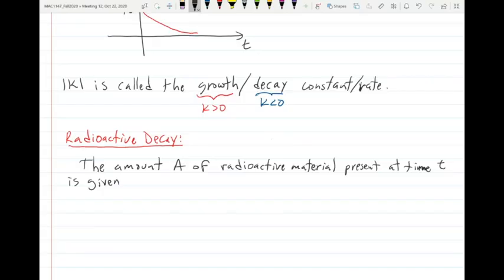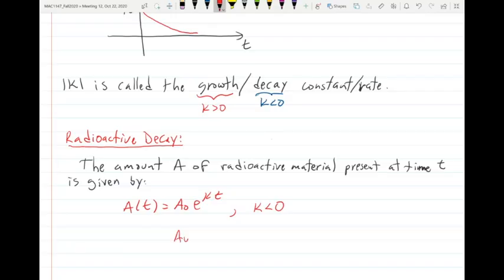Okay. All right. So the amount A of radioactive material present at time t is given by the following formula. So it would be A of t equals A0 times e to the kt. Now again, this is decay, so it is understood that in this model, k is negative. Okay?